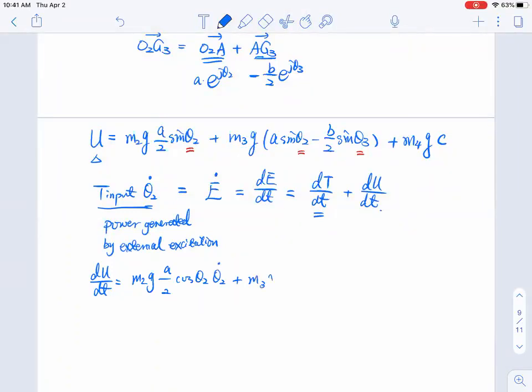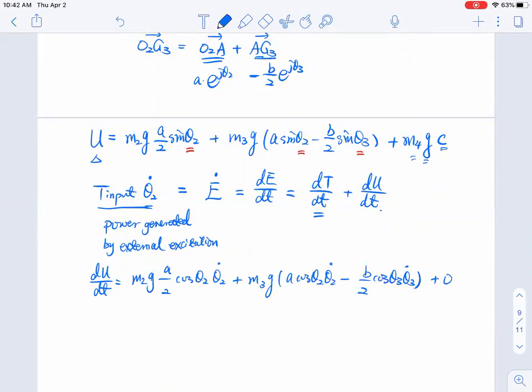The same thing applies to M3G, A cosine theta 2 dot, minus half B cosine theta 3 dot. The last one is special because the slider is moving along a horizontal line. So that's why your C is constant, everything is constant. So the last term becomes 0 after taking the time derivative.